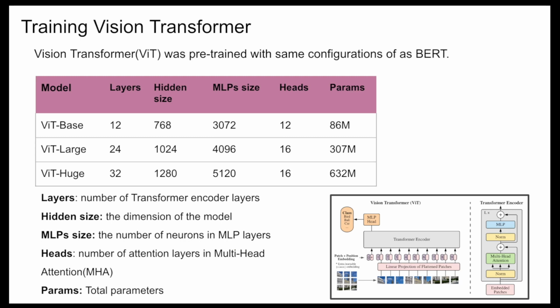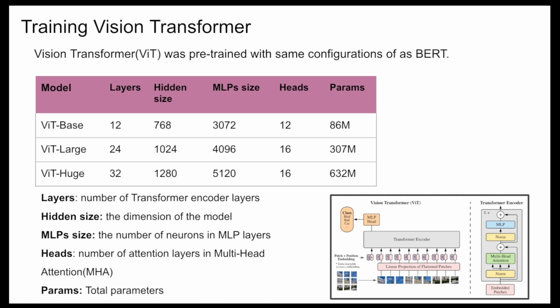So the vision transformer was pre-trained with the same configuration as ViT. They trained three transformers of different sizes: ViT base, ViT large, and ViT huge. What you see here is their configuration.